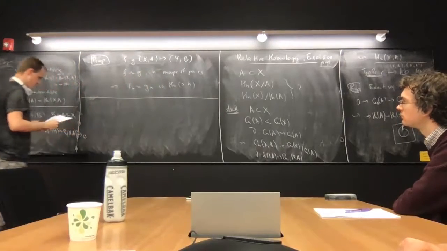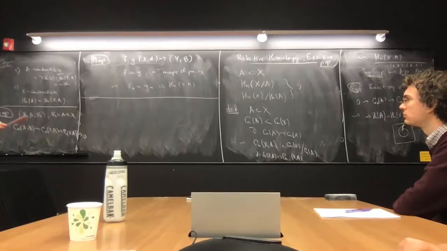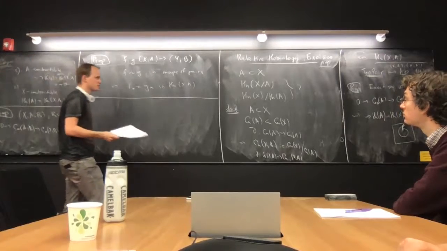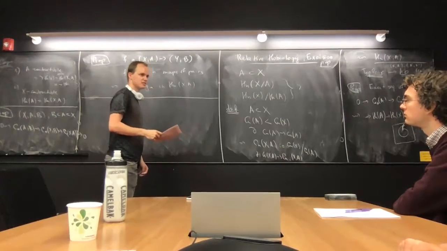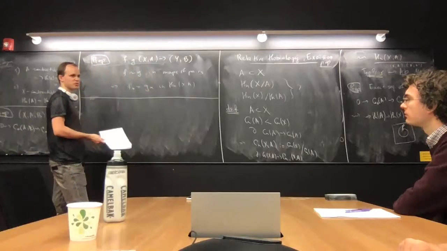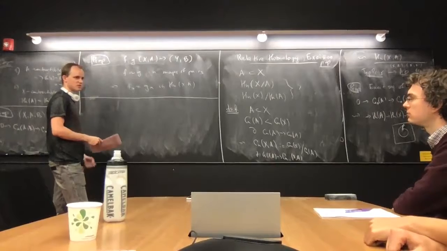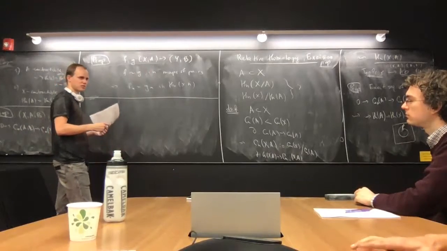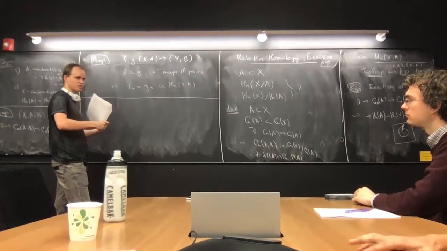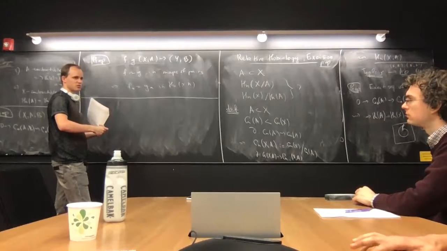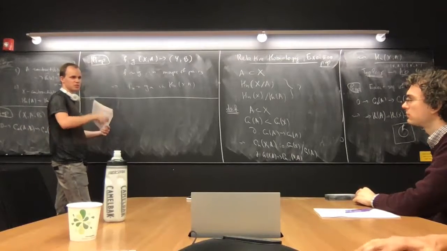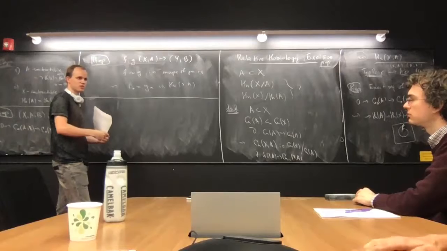Okay. So the next is the excision property. The basic idea behind it is this Mayer-Vietoris sequence approach to computing homology that I mentioned last time, where the Mayer-Vietoris sequence relates homologies of two subsets that cover a space to the homology of the entire space and the homology of the intersection of those two subsets.